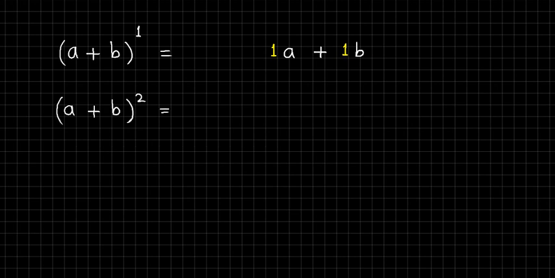This we know as a square plus 2ab plus b square. So here the coefficients of a square and b square are 1 and 1 respectively.